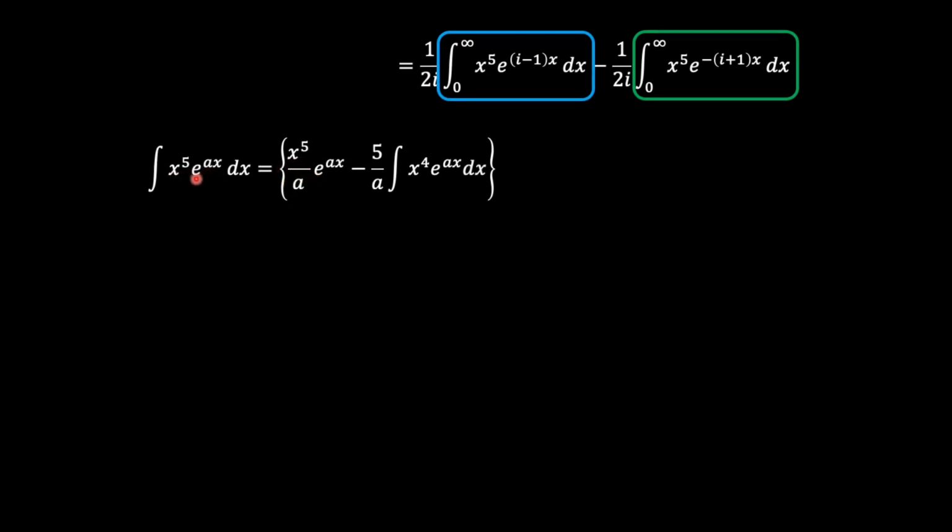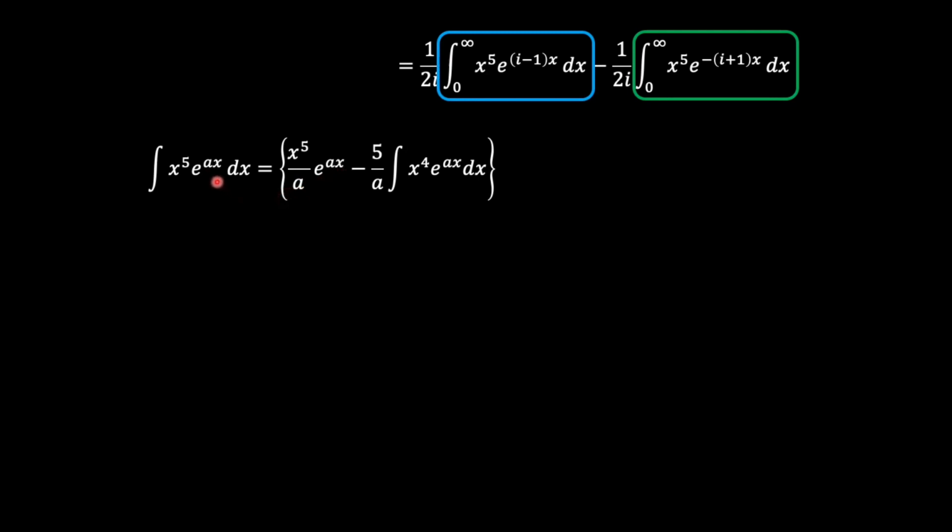We take the product of a derivative du/dx and then v as our initial integrand. First we have the product uv, which in this case is x to the power 5 over a times e to the power ax.